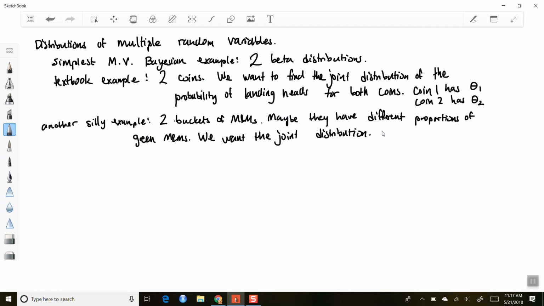It's not a crazy leap to go into a joint distribution where there is covariance between the variables, because the same concepts hold. It's just that now we have covariance between variables and not just independence, right?